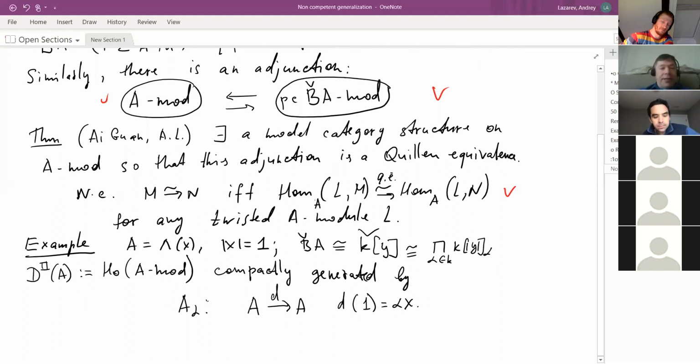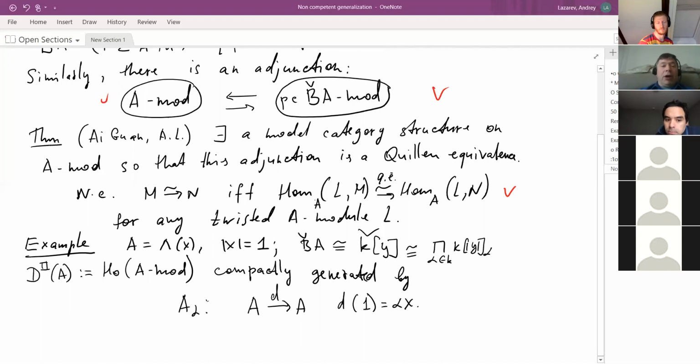The last thing that I'd like to say is to give you an example to illustrate how different this category might be from the usual derived category of an algebra. So here, A is lambda of X, the exterior algebra on one generator in degree 1, okay? What happens if we just take the usual bar construction of this?